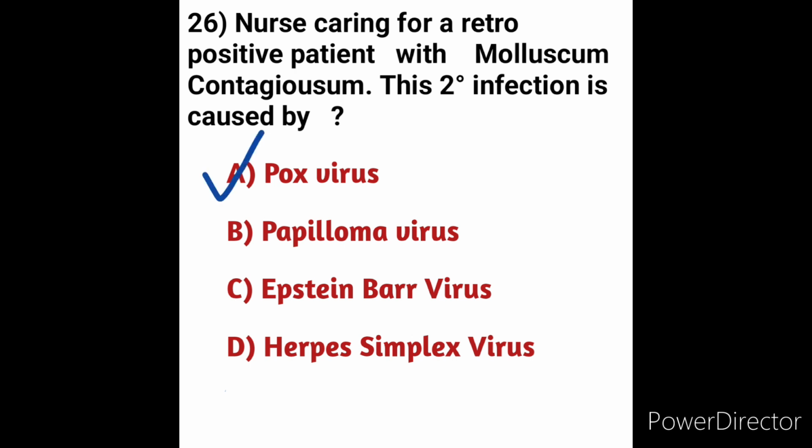Here option A is the correct answer, pox virus. Additionally, Molluscum Contagiosum is a sexually transmitted disease and infection in adults which can spread by skin to skin contact during sex. Characteristics are small, smooth, round, pearly lumps with a central core.